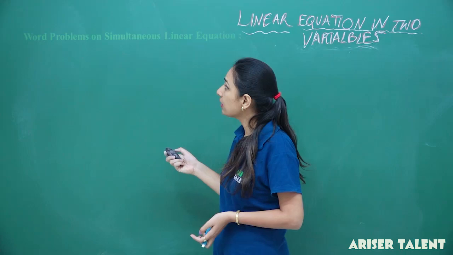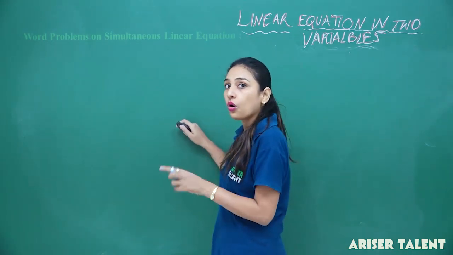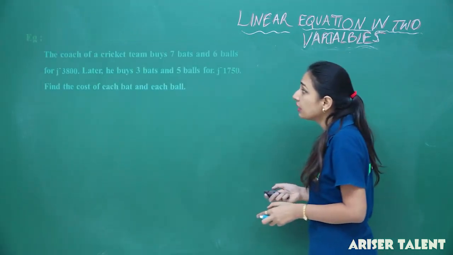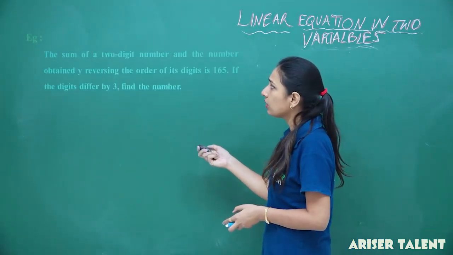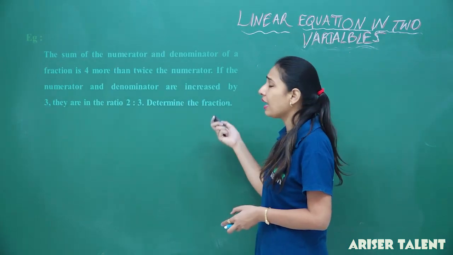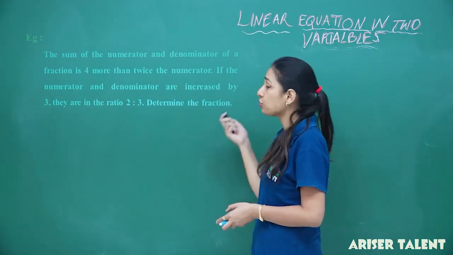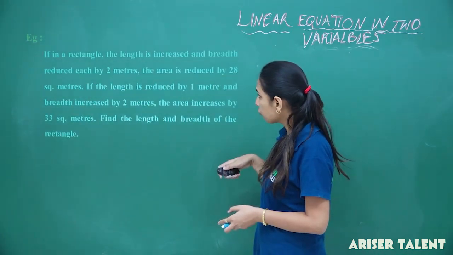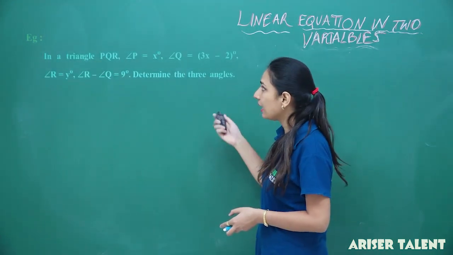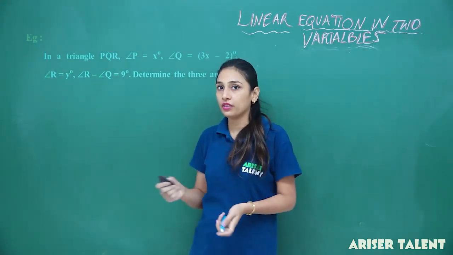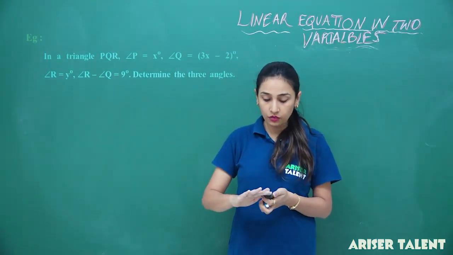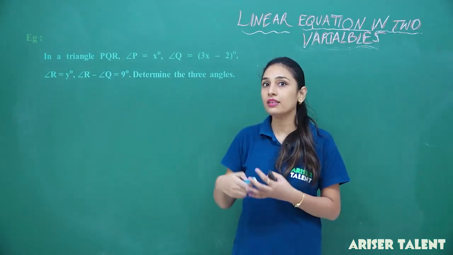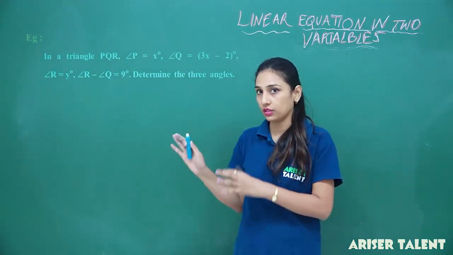Okay, and then we moved on to the word problems of simultaneous linear equations, and we learned about number system questions, distance type questions, stream questions, and triangle and geometric figure questions. Okay, so we covered all these categories of questions and the coefficients and the relations. So we covered all in that one, right?